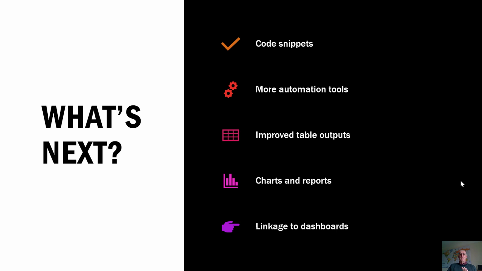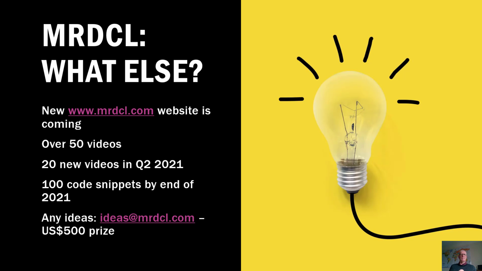And in the table outputs we'll also have HTML tables. So you can really choose what you do with the figures you're calculating in MRDCL, all within the software, having tools or syntax that lets you move that on to things like charts and dashboards. Really important things that improve your automation and efficiency.